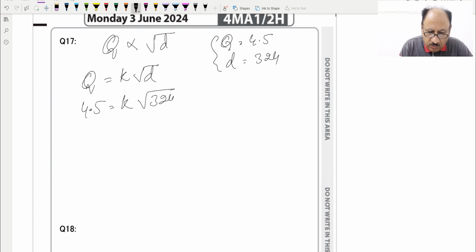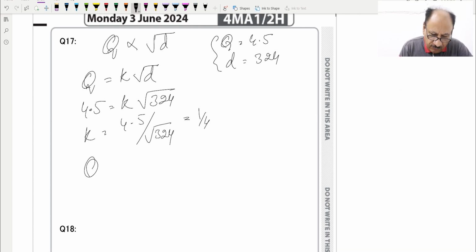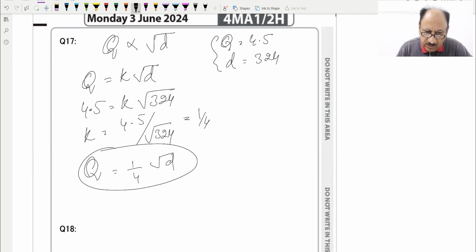So K value will be equal to 4.5 over square root of 324, and this is equal to 1 by 4. So K value we got 1 by 4. So our formula will be Q is equal to 1 by 4 square root of D, and this one is the final answer for 3 marks. Hopefully you understood this. Now we can move to the question number 18.